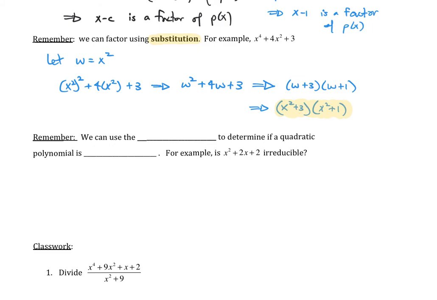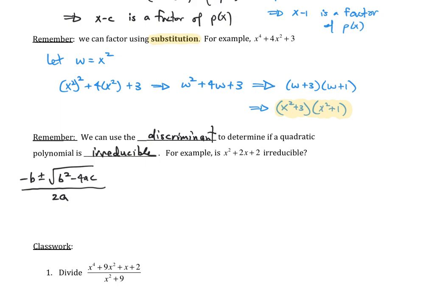So some of you may have forgotten how to determine whether a quadratic is irreducible or not. In order to do that, I can use something called the discriminant. That's used to determine if a quadratic polynomial is irreducible. So what is the discriminant? Do you remember the quadratic formula, negative b plus or minus the square root of b squared minus 4ac, divided by 2a?